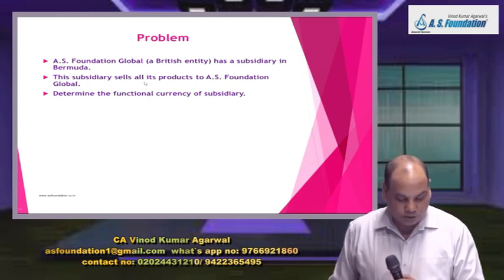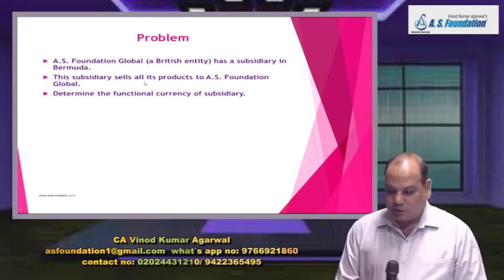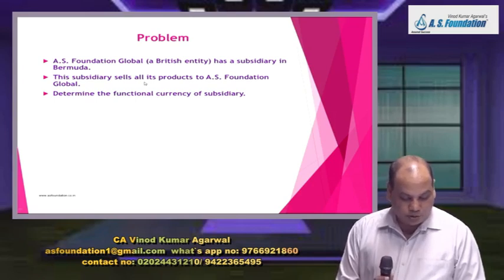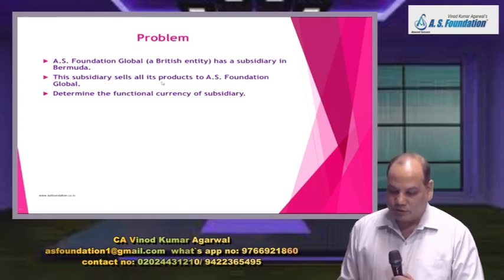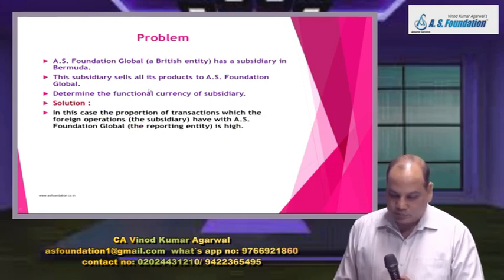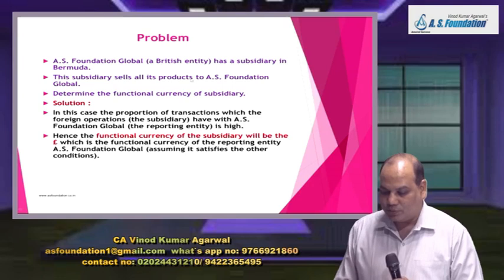So if you look at the factors to be considered, the first factor is degree of autonomy, which we don't know right now. But the second point is that quantum of transaction is very high. Does it fit into that? Yes. So the answer would be, based on whatever limited information given to you, that the functional currency of the subsidiary will be same as the functional currency of this parent company, which is a British company, so it will be pound.